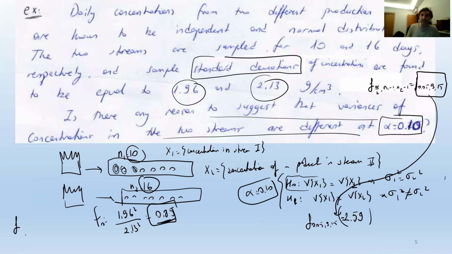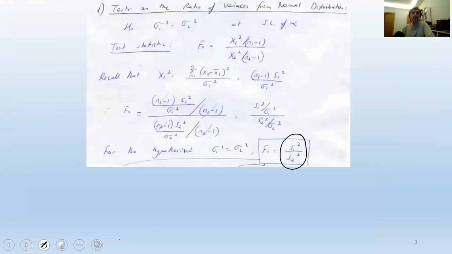The left-hand side value is F 1 minus alpha over 2 with n1 minus 1 and n2 minus 1 degrees of freedom, which is F 0.95 with 9 and 15 degrees of freedom. Now, here's the point. In your textbook or in any textbook, you are not going to be able to find F distribution values for a left-hand side probability like 0.95. What you should do is use the rule I have shown you previously.